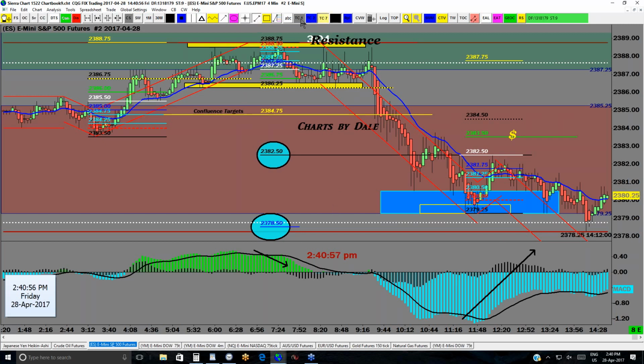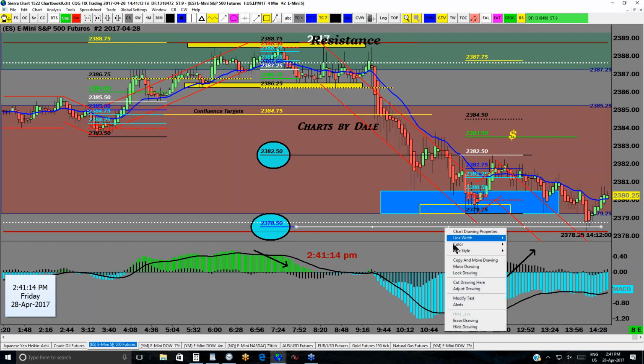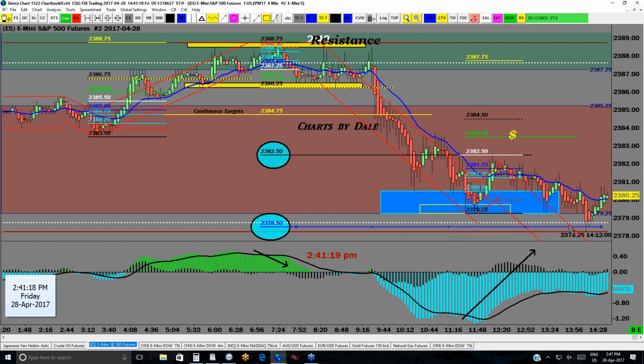Since then it has put in a little bit of a support, roughly where we finished at, one tick below there at 12 minutes after 2 in the afternoon. So it is possible to take a long position off of the low, and some have in the room targeting 2383.50 area right in here.